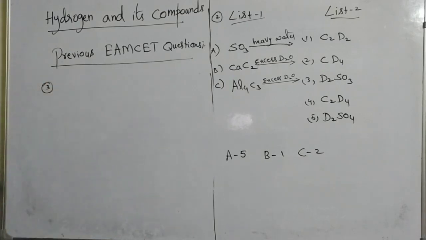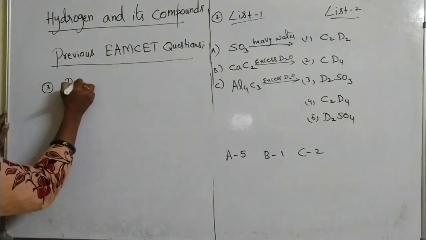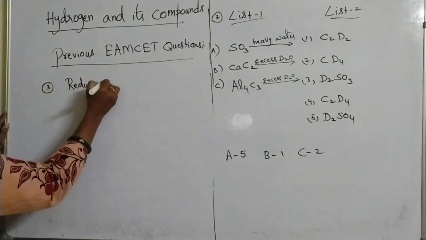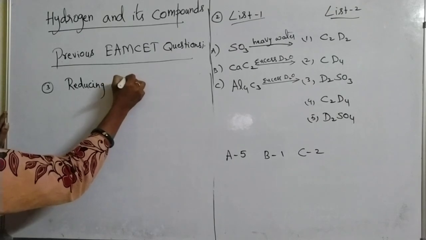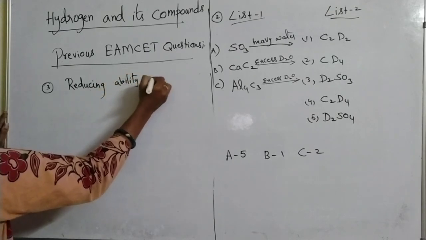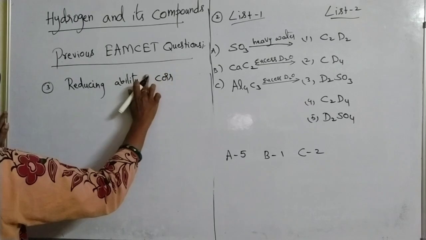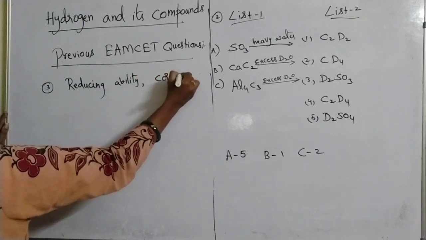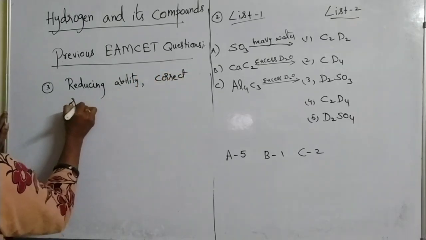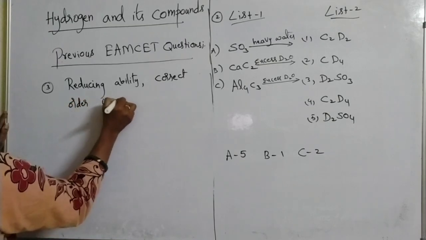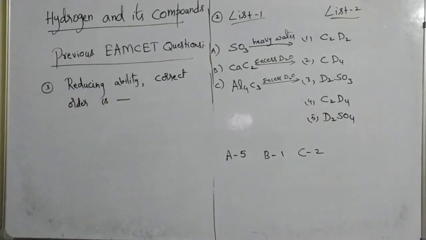Question number 3 is, the correct order of reducing ability of the following hydrides. Reducing ability, correct order. Here in the options, you have to write the decreasing order of reducing ability.